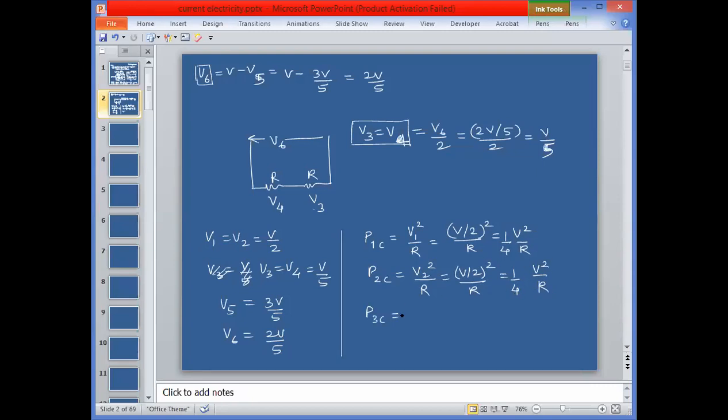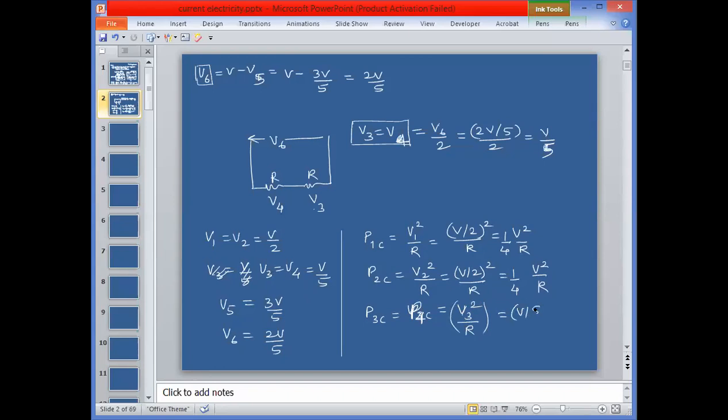Power consumed by the third bulb is equal to power consumed by the fourth bulb. Both will be equal because their potentials are equal. That is equal to V3 square upon R. V3, V4 both are equal.